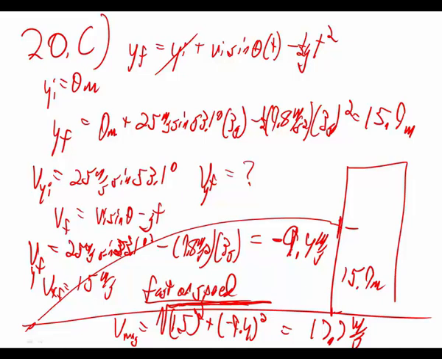Because remember, when we're looking for V final in the y direction, you have to use your initial velocity. You can do it one of two ways. You can say the initial velocity in the y is going to be what? Well, it's 25 sine of 53.1.